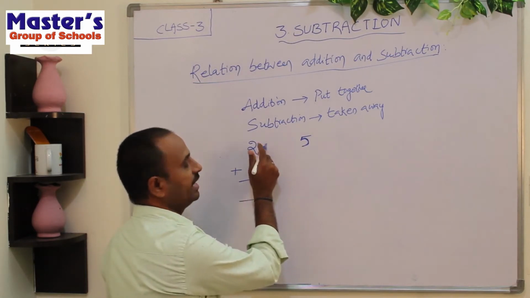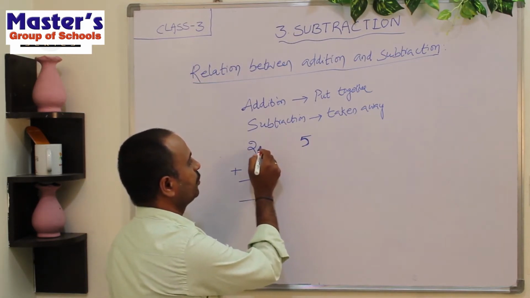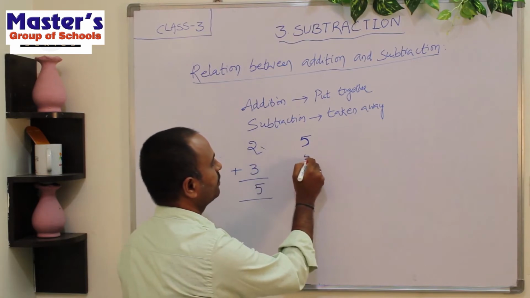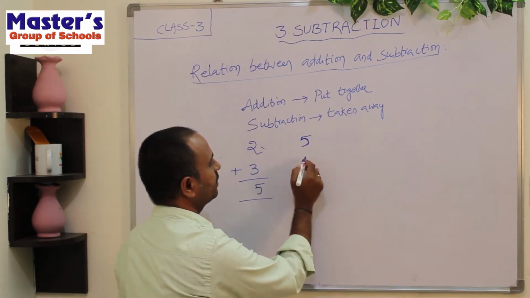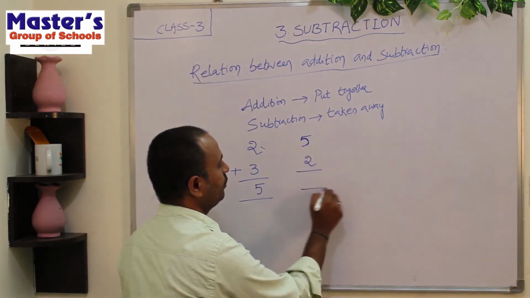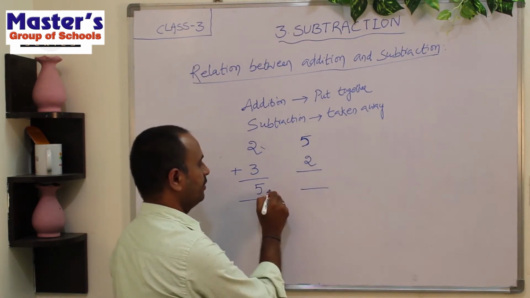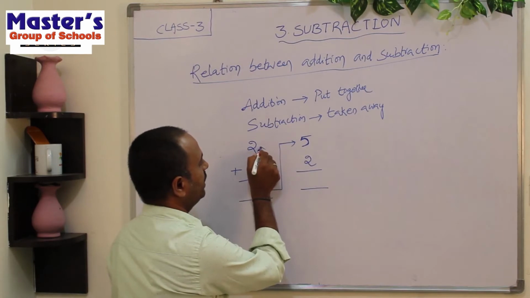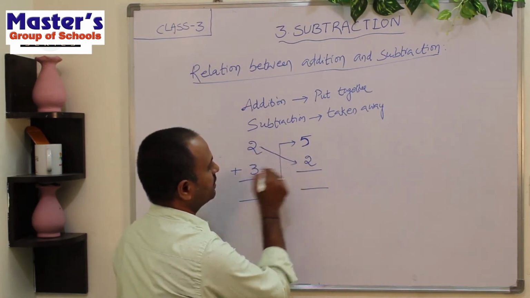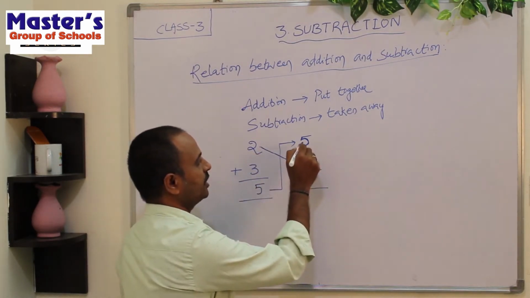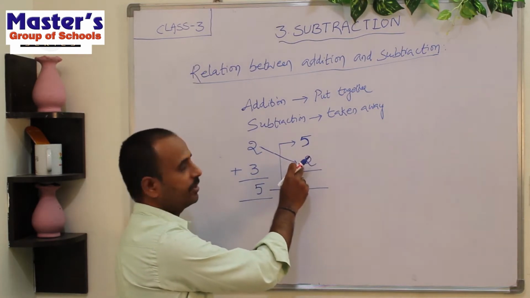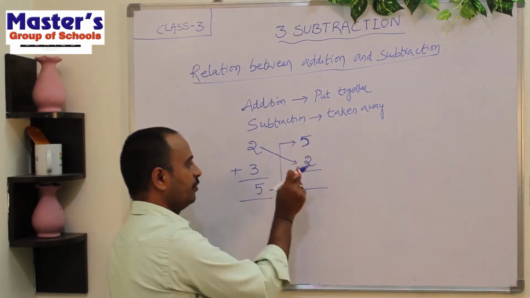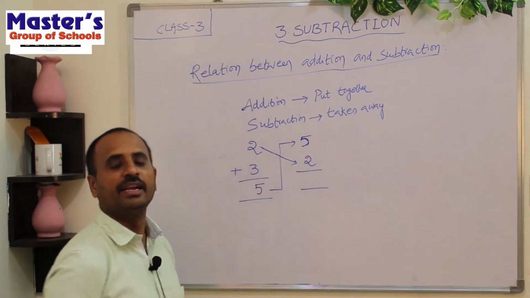If you take away 2 from 5, so write 2 here, then what will you get? I have written 5 first and taken 2 as the second number. If you subtract the first number from the sum, then you will get the second number in the addition.